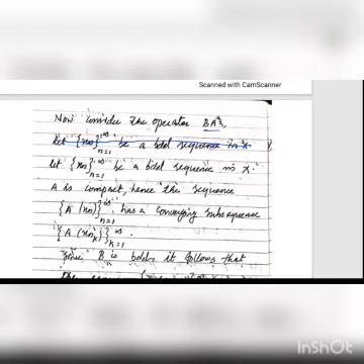Let that convergent subsequence be A of x n k. Now since B is bounded, it follows that the sequence B of A x n k is also converging, and thus BA is compact. Exactly, we have proved that this is pre-compact, which implies that BA is compact. Similarly, you take CA.